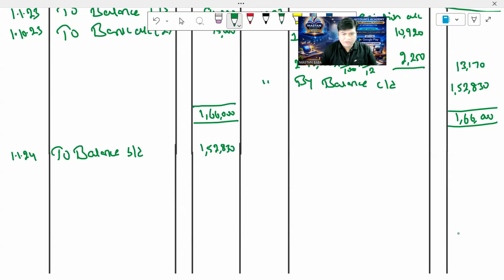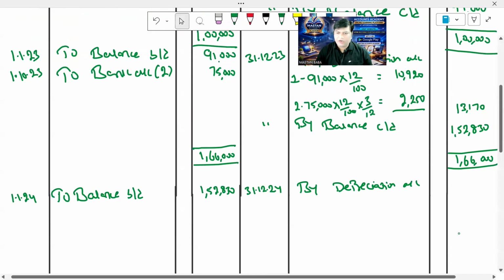Here you should be very, very careful. 31st December 2024, by depreciation account. A simple technique is that you can take 1,52,830 into 12% for the full year, because the two machines are included in 1,52,830. But to avoid problems in future, I am simplifying it.